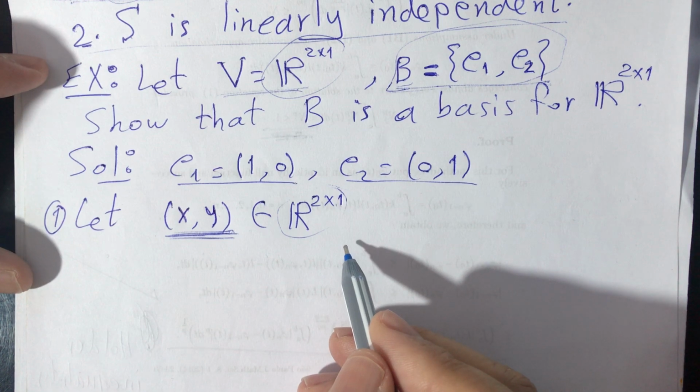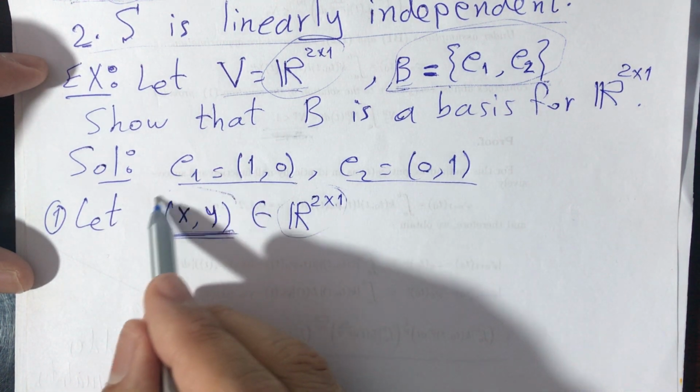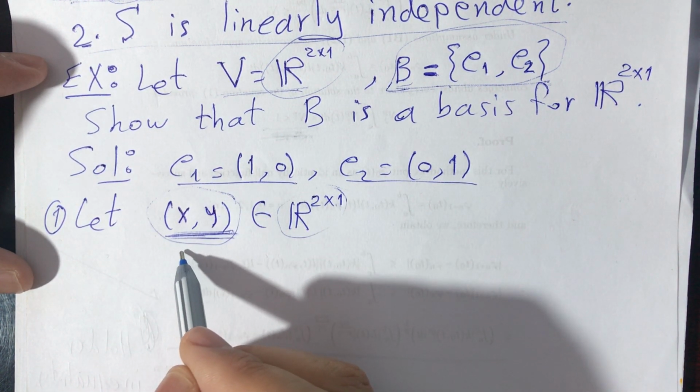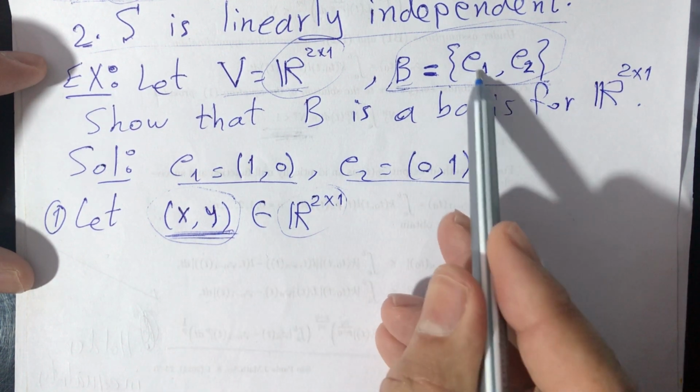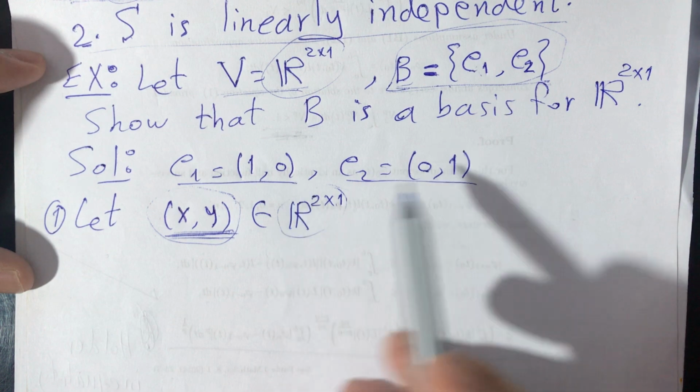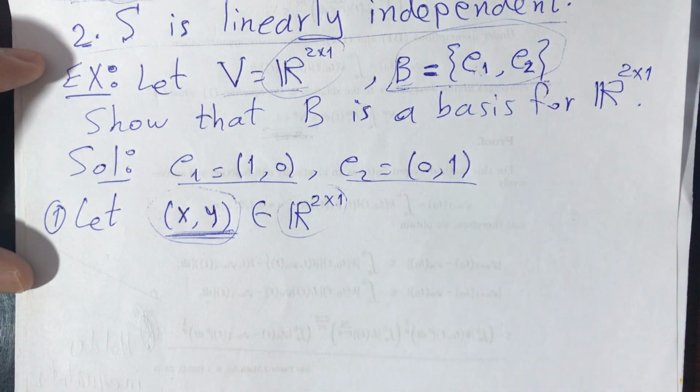Now I have to show that this ordered pair can be written as a linear combination of these two vectors.